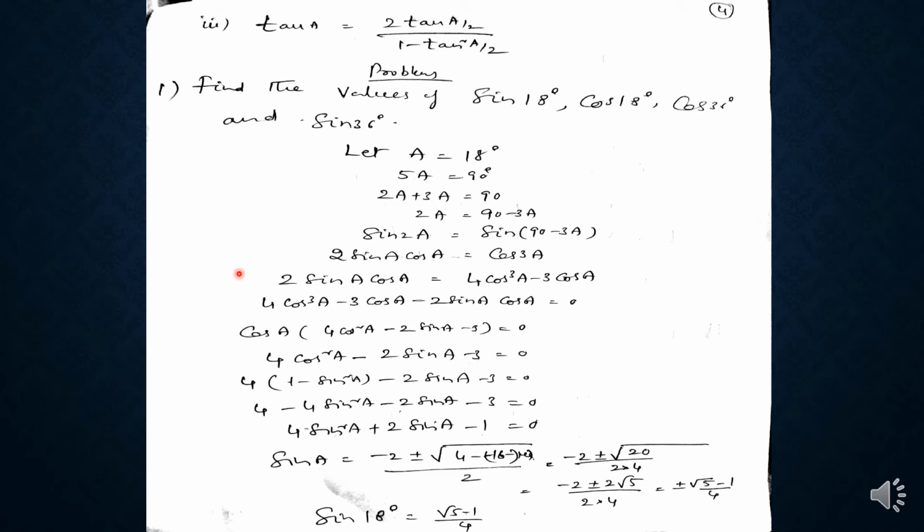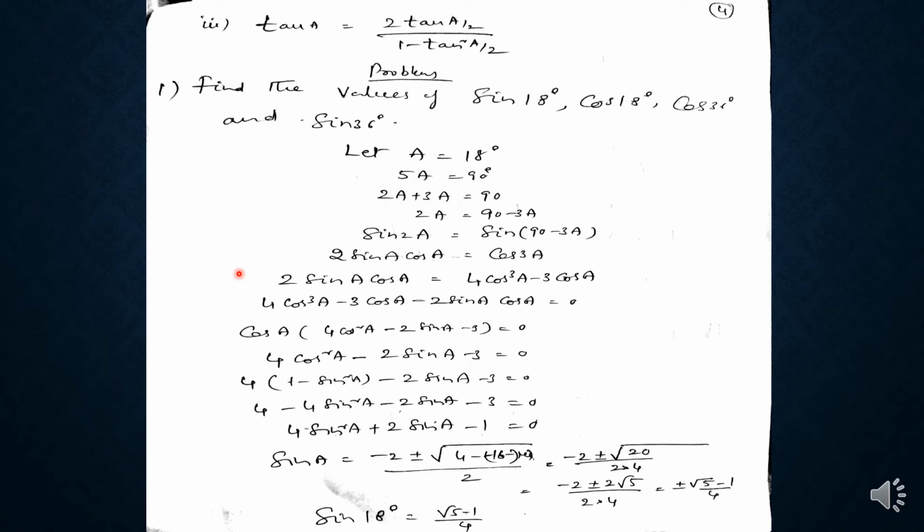Find the values of sin 18 degrees, cos 18 degrees, cos 36 degrees and sin 36 degrees. So in the 10th class syllabus, we know the values at 0 degrees: sin 0, cos 0, tan 0, etc., for 0 degrees, 30 degrees, 45 degrees, 60 degrees and 90 degrees.